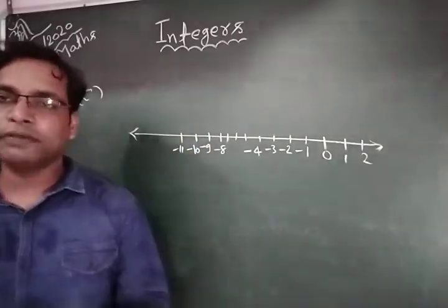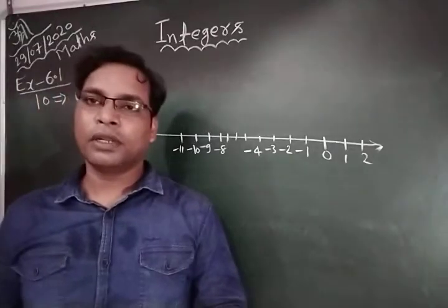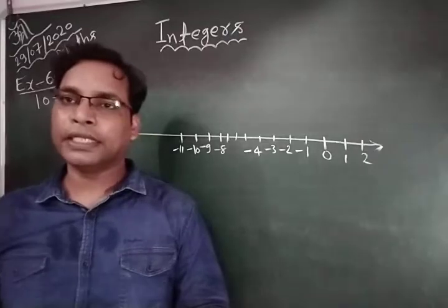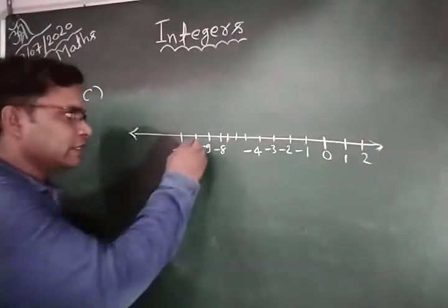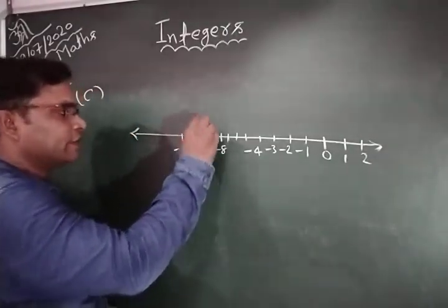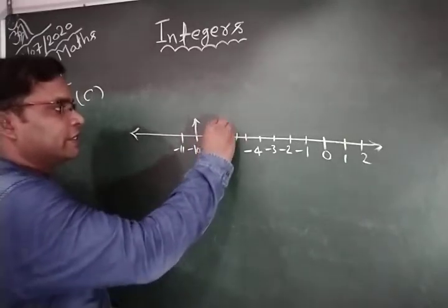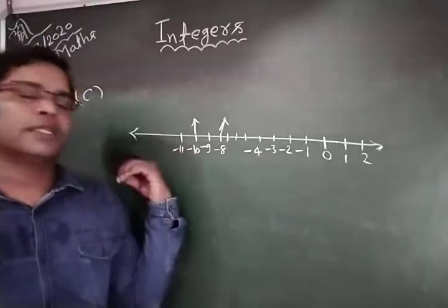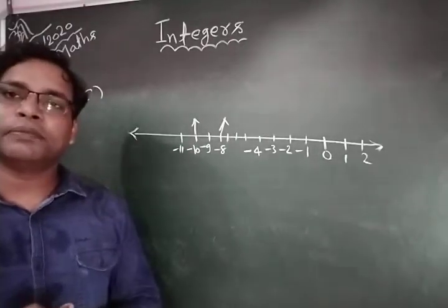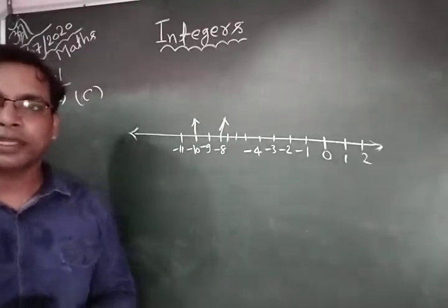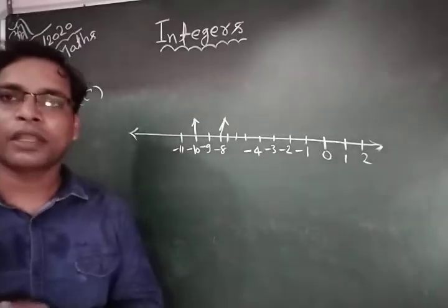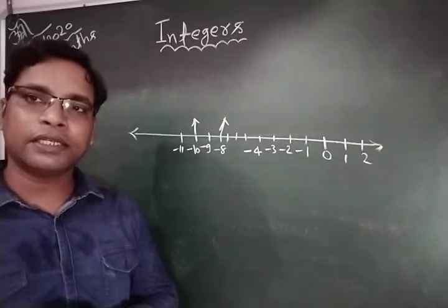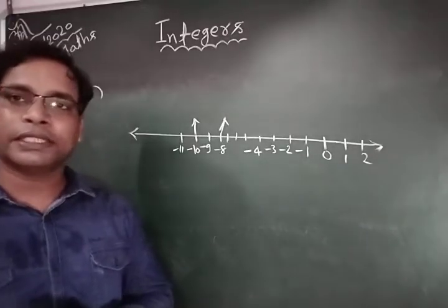The question is, in which direction do we move from -8 to reach -10? You can see this is -10 and this is -8. On the number line, -10 is to the left of -8. So we move in the left direction, 2 units, from -8 to reach -10.